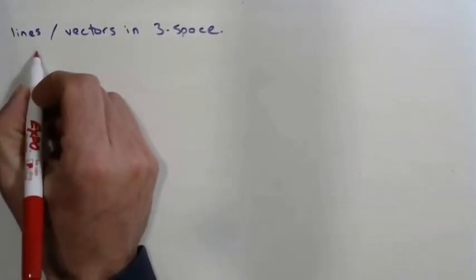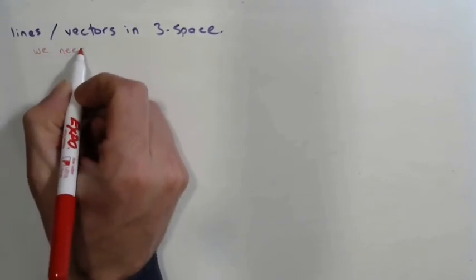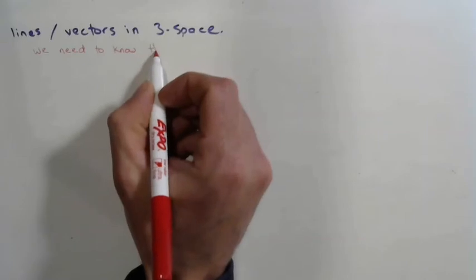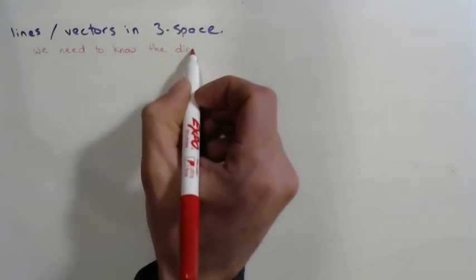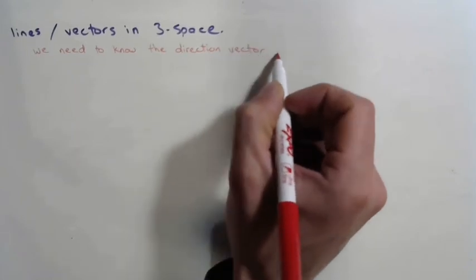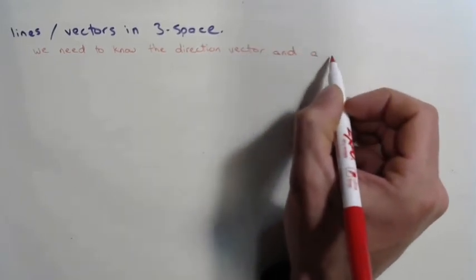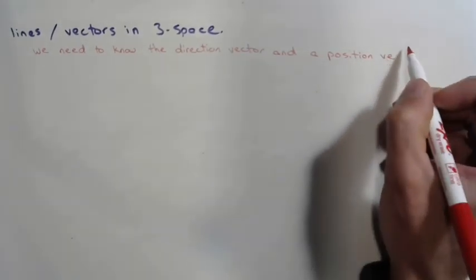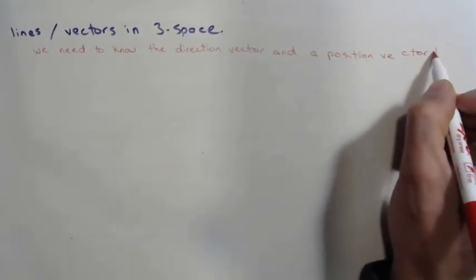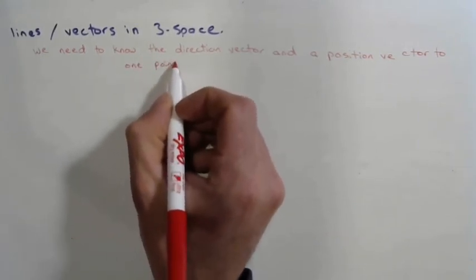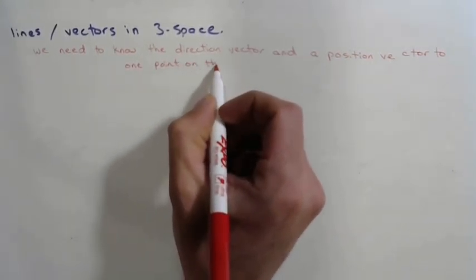So we need to know the direction vector and a position vector to one point on the line.